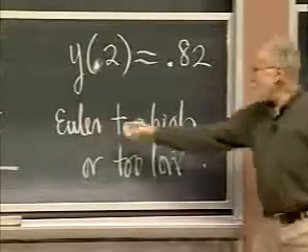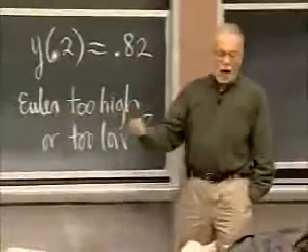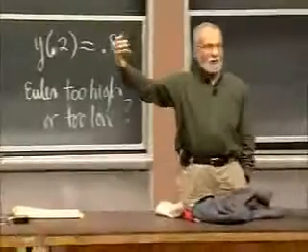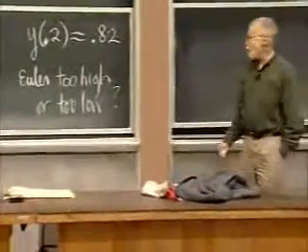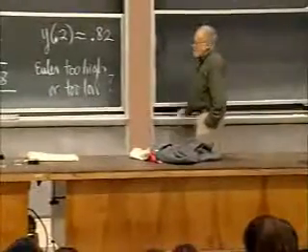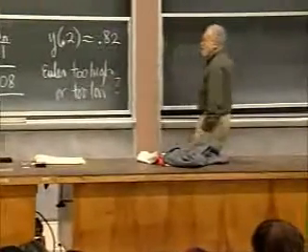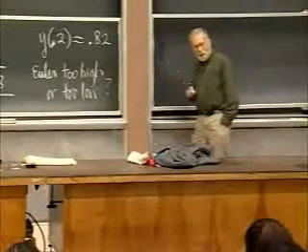In other words, is the result of using Euler's method, i.e., is this number, too high or too low? Is it higher than the right answer, or is it lower than the right answer, or, God forbid, is it exactly right? It's almost never exactly right. That's not an option. Now, how will we answer that question?